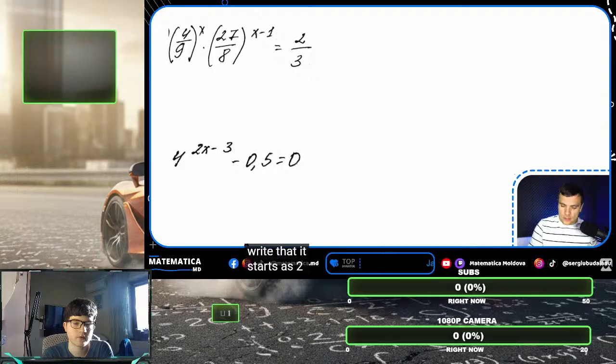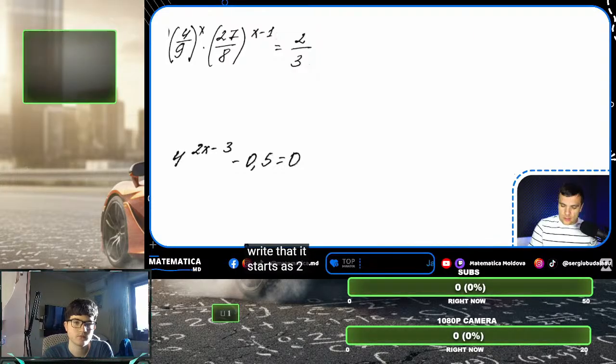Now 27, that's actually 3 at the power of 3, right? And 8 is 2 to the power 3. So they're both power 3, so put near the x again, it's going to be 3x minus 1, or x minus 3, I don't know if it's 3x minus 3, perhaps.